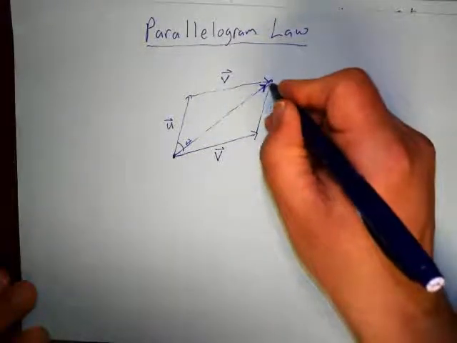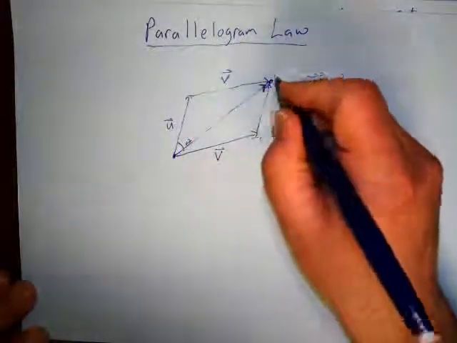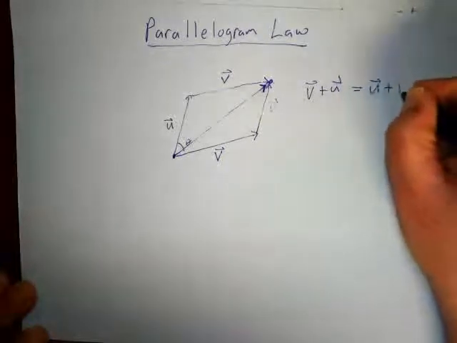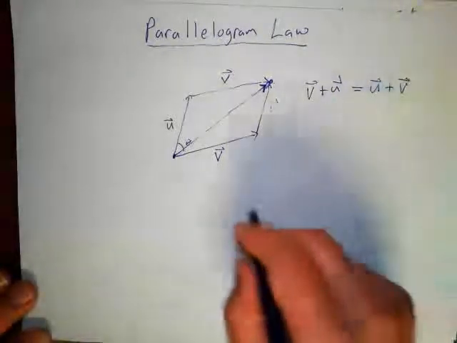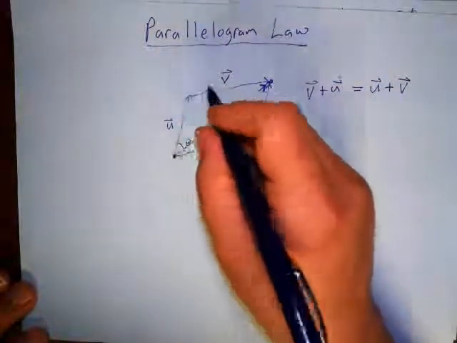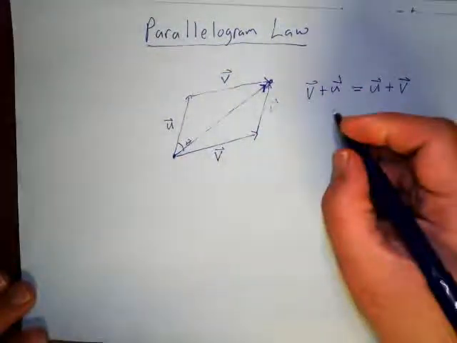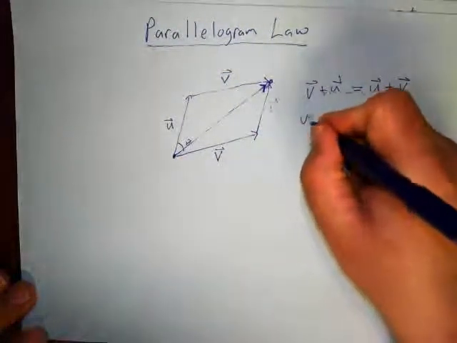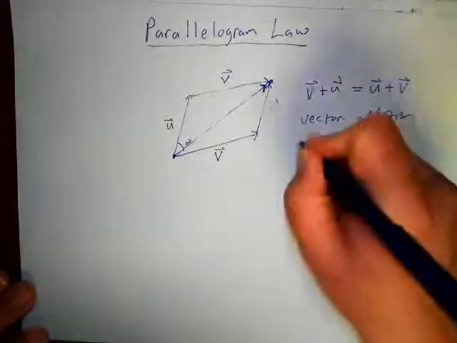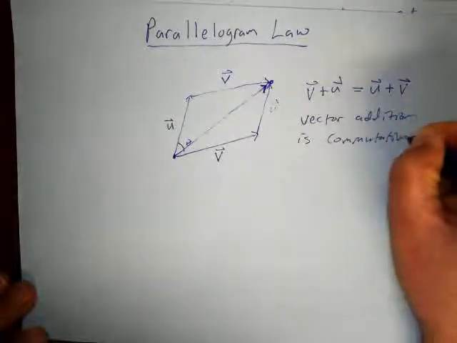And what you can see here is that if I took v and added u, that would be the same as taking u and then adding v. So v plus u is the same as u plus v, and so vector addition is commutative.